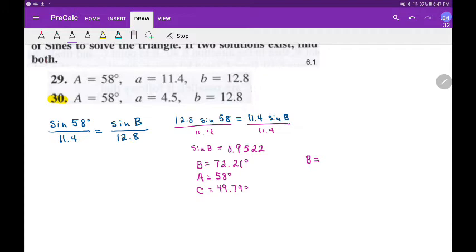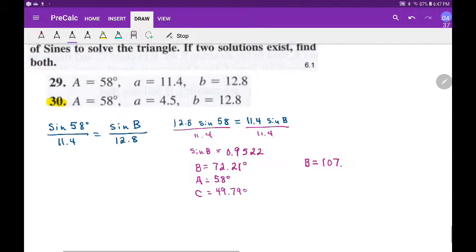So 180 minus 72 is 108, and now B is this obtuse angle here, and we already said A is equal to 58, and then what does that leave for C? Not much. So we'd say plus 58 leaves less than 15 degrees. C would be 14.21.